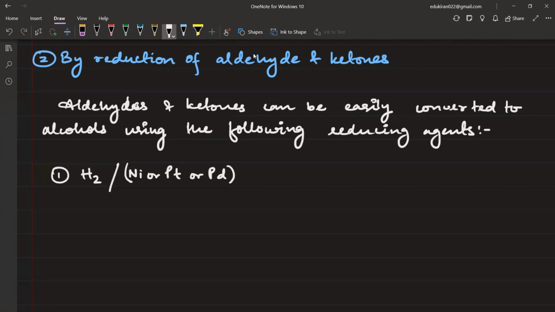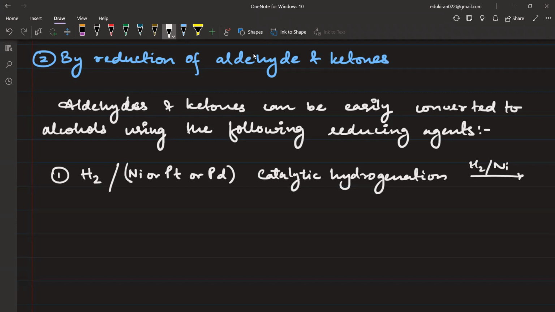So this is also known as catalytic hydrogenation. We have a catalyst, nickel, Pt or Pd. So in the reaction, you will be given like this: H2 upon nickel above the arrow. This is how you're going to see the reagent.